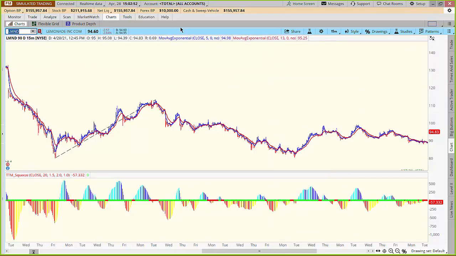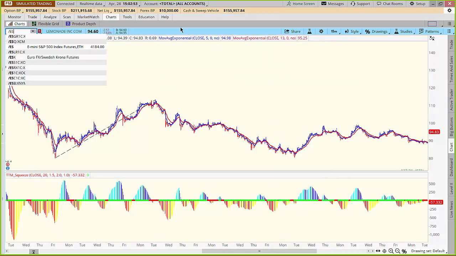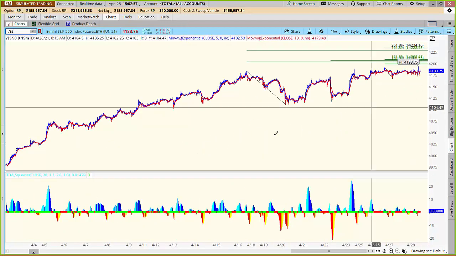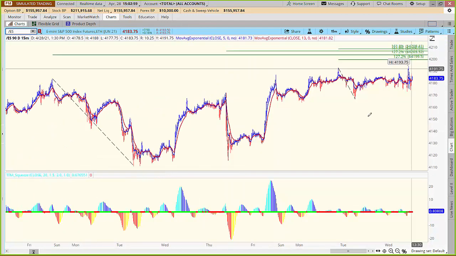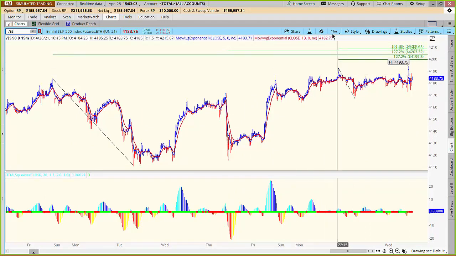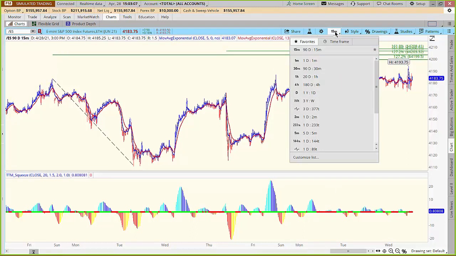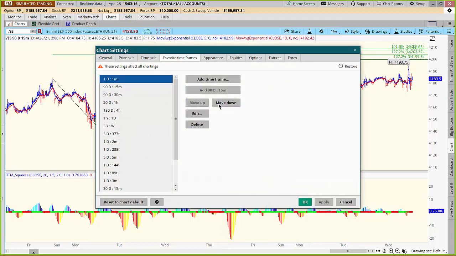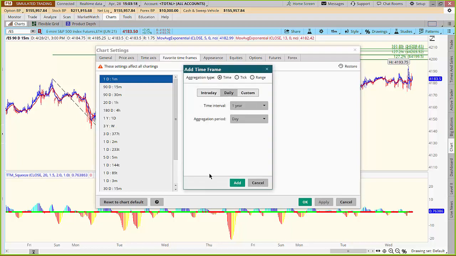Okay, so we're typically using tick charts on S&P or NASDAQ, and typically we're using a 377 tick chart. So you're going to go here under where the time frame setup, and then I already have mine set up, but if you don't have it set up, go to customize list, add a time frame, change it to tick.